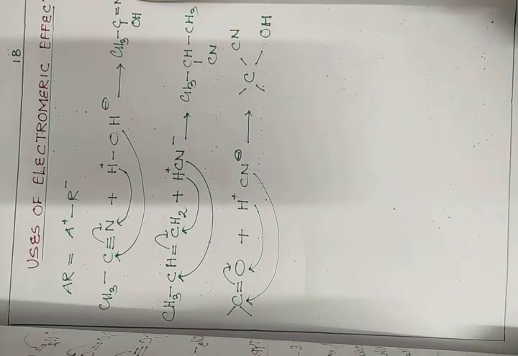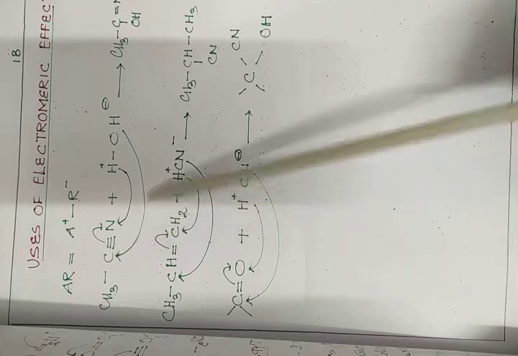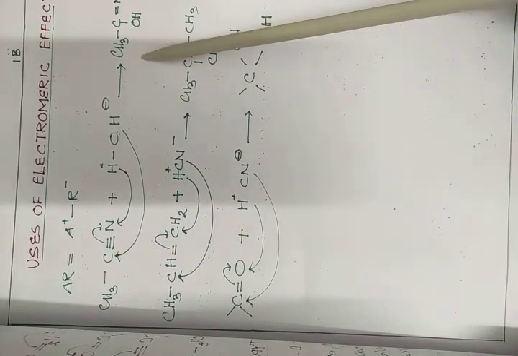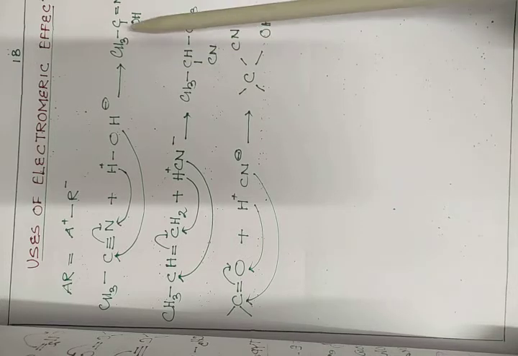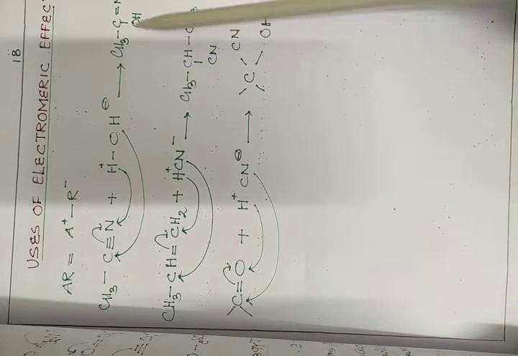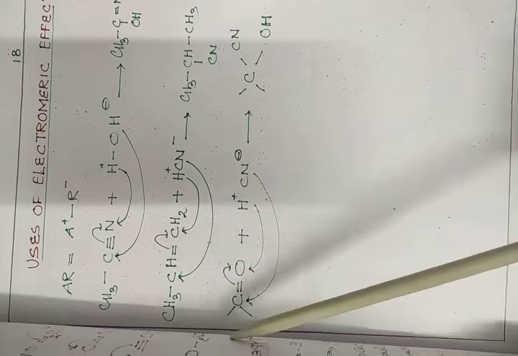After that hydrogen comes, and the less electron-rich end attaches to the other, and the compound is formed. So this is a plus E effect.